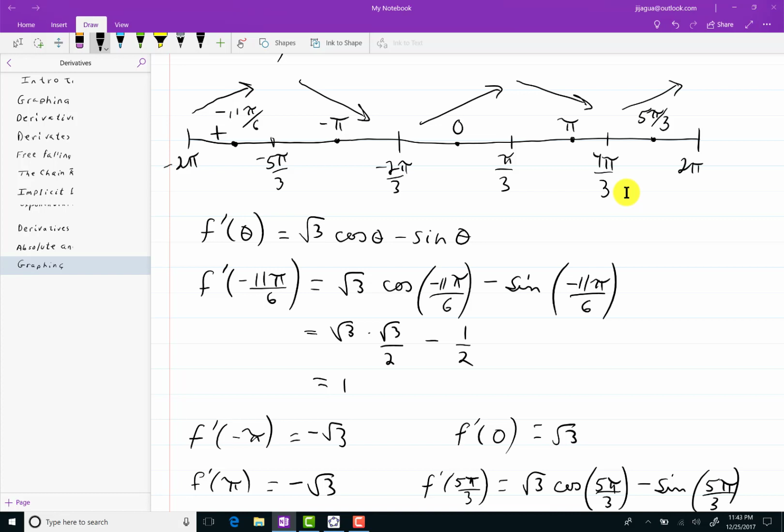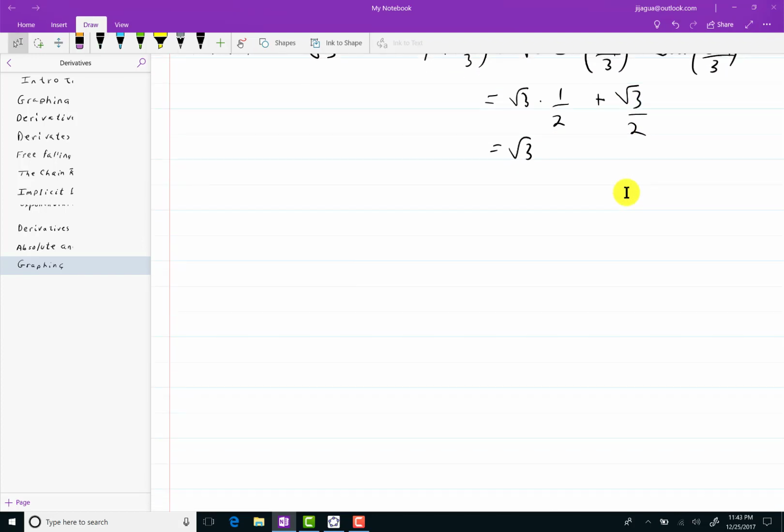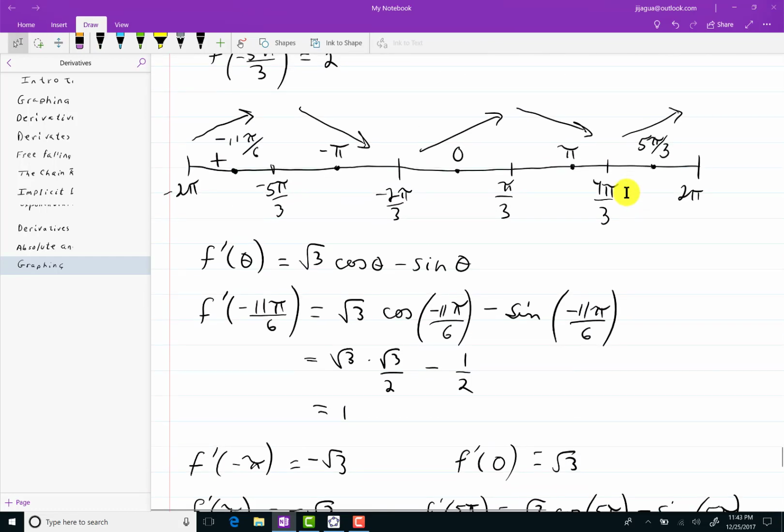Now I'm prepared to throw in a rough sketch graph. Let me go ahead and do it. And then I'll draw it on a real graph, but just let me show you some of the stuff you can do on your own without absolutely needing technology to help. So first, I'm going to lay down my zeros.